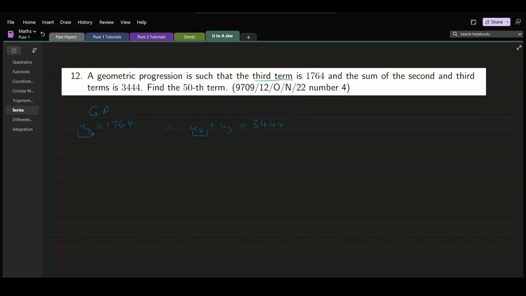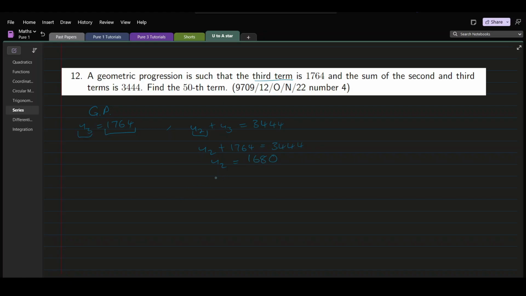Since we know what u3 is, we can say that u2 plus u3, 1,764, is equal to 3,444. u2 is equal to 3,444 minus 1,764, and that is 1,680.